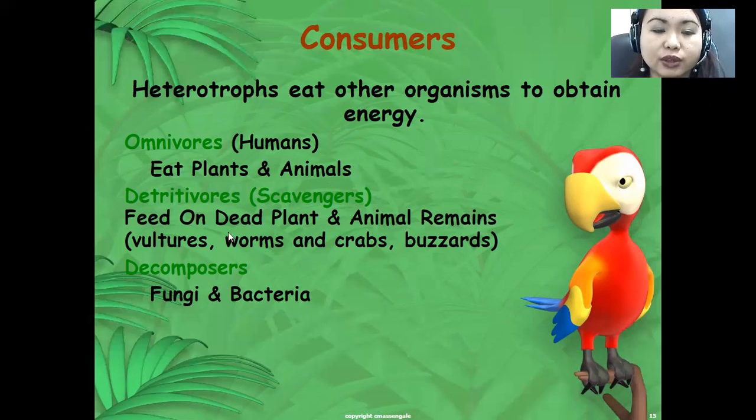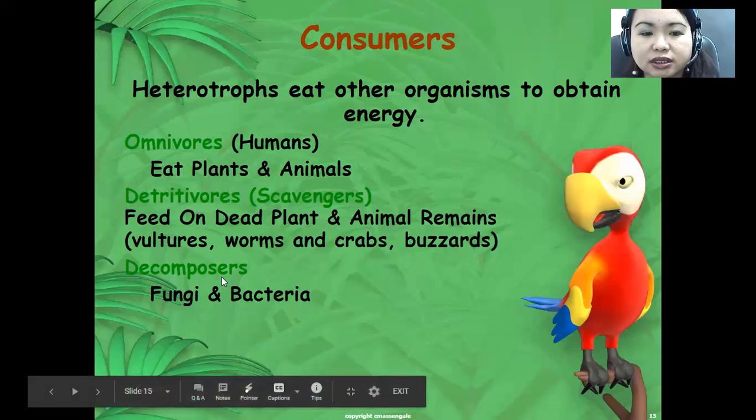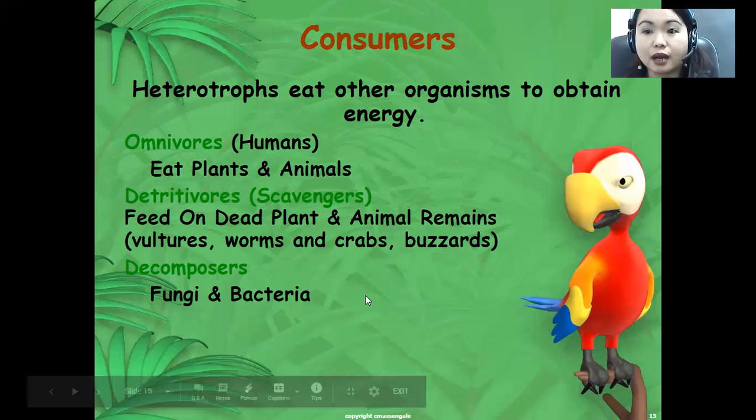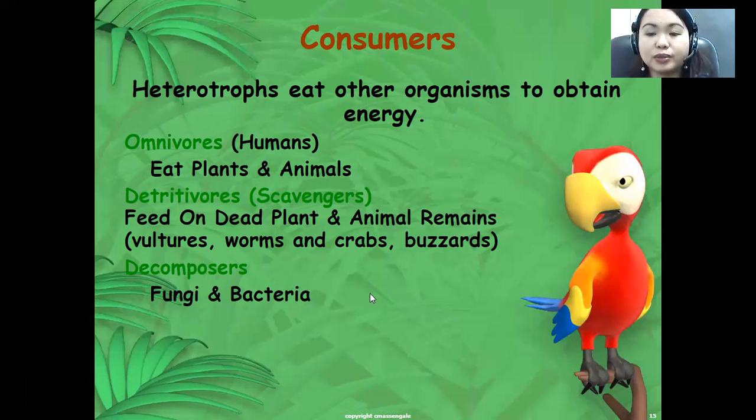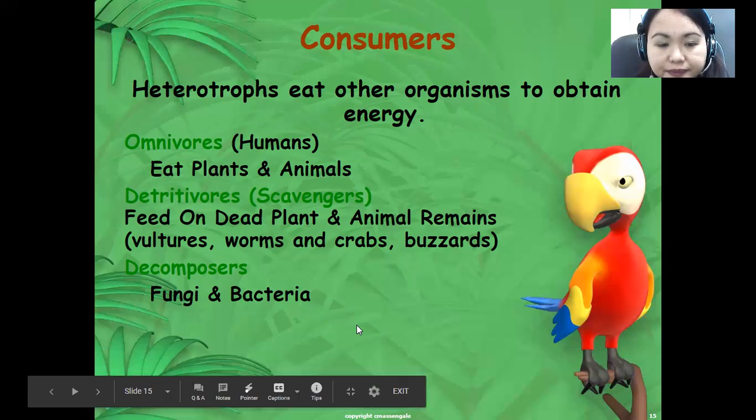Detritivores feed on dead plant and animal remains, like vultures, worms, crabs, and buzzards. And also decomposers, like fungi and bacteria, because they decompose almost all living things once they are dead.